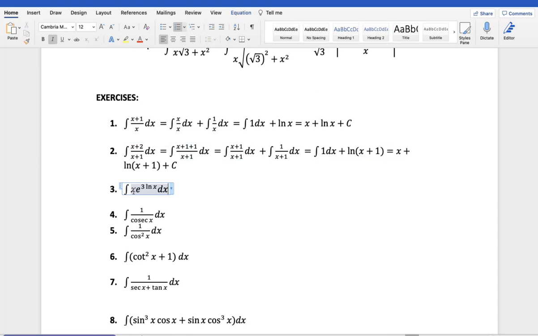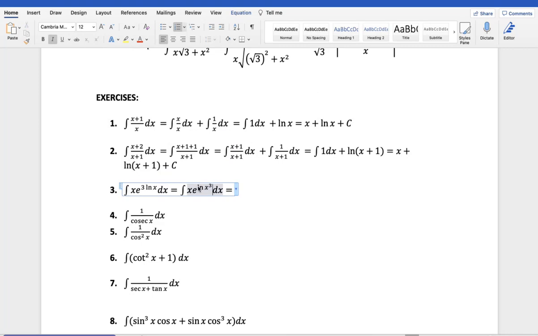Looking at the next example that we have here, we have the integral of x multiplied by e to the 3 ln x dx. Now, if we try to simplify this expression, e to the 3 ln x can just be rewritten as e to the ln of x cubed.